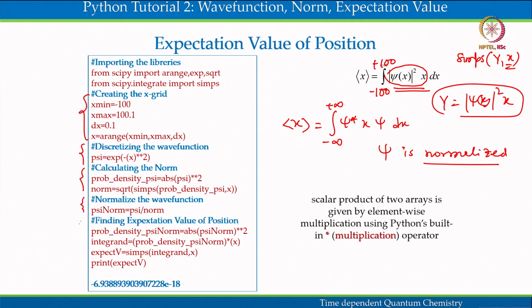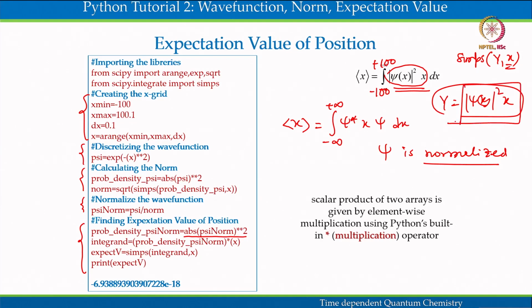So we normalized it. This part is also known, and then a little bit tricky part we have made here. First we have to get the probability density of the normalized wave function. That is known to us now. Then the integrand part we will just write down. This is the integrand part.